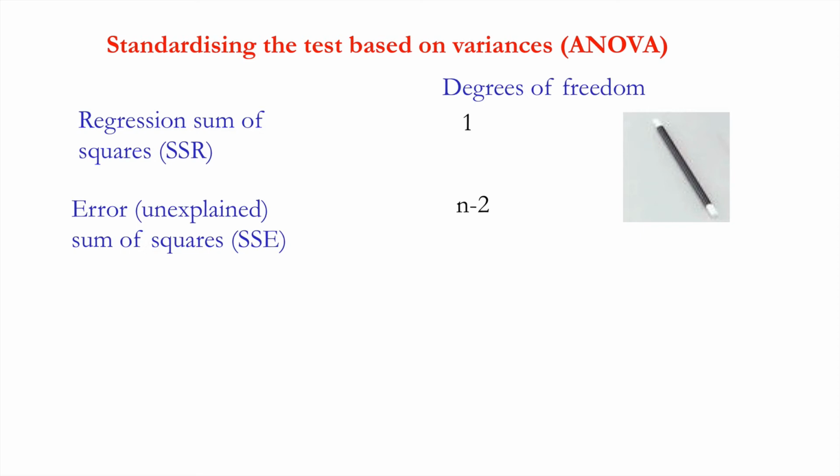But there's something else too. These sums of squares can be used to calculate two separate estimates of the variance in the underlying data. Now it turns out that if the null hypothesis of there being no relationship between the response and the predictor at population level is true, then these two estimates of the variance will estimate the same thing. So for this we need to know the degrees of freedom behind each of these sums of squares, because a variance is a sum of squares divided by an appropriate denominator, which is the degrees of freedom.